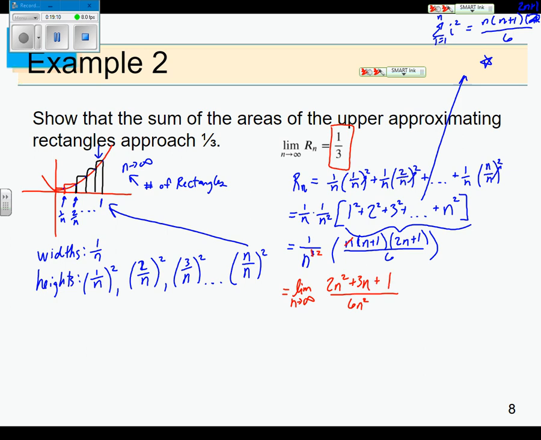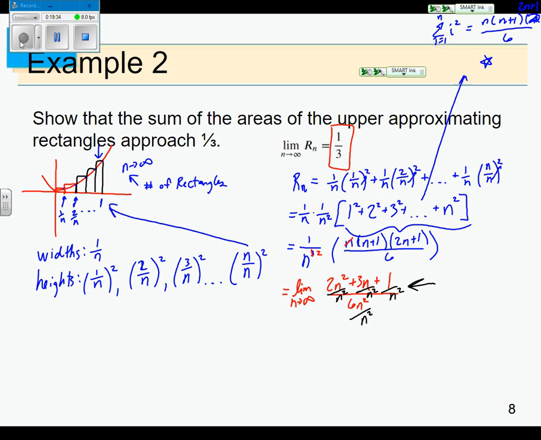Now you have to reach way back into your first quarter calculus handbag, and you have to remember that whenever I'm taking the limit as n approaches infinity of a rational function like I have, the way that I handle this is I divide by the highest power that is in the denominator. Every term, I want to divide by n squared. Now, that's going to make some stuff happen.